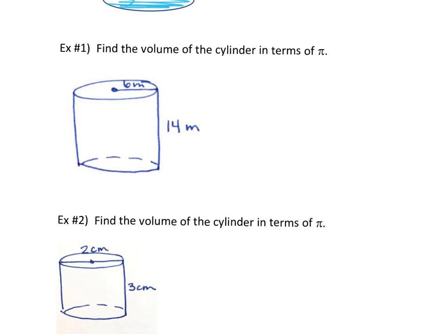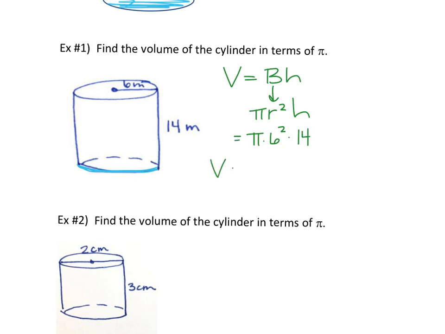All right, first one, find the volume of the cylinder in terms of pi. Sorry for my drawings not being quite perfect here. So the volume of this cylinder, we are going to do volume equals area of the base times the height. Remember, capital B is always area. Area of the base is pi r squared, because it's a circle, times h. So this is going to be pi times 6 squared times the height, which is 14.